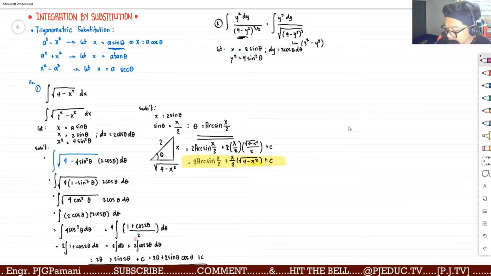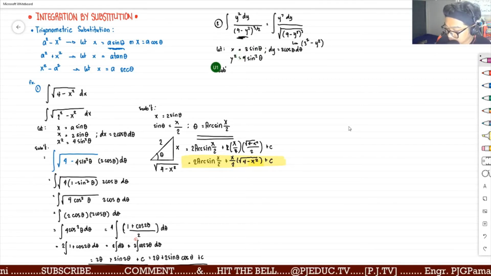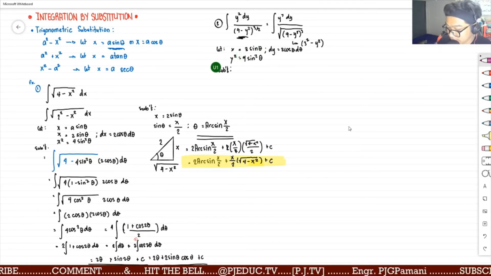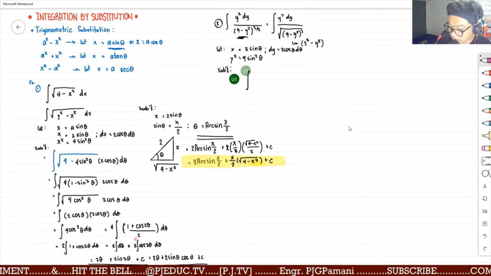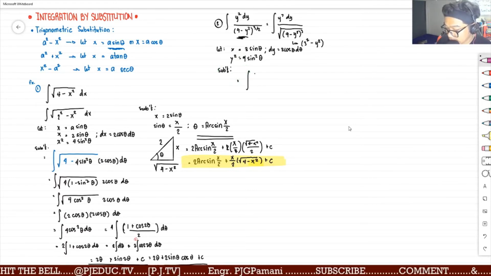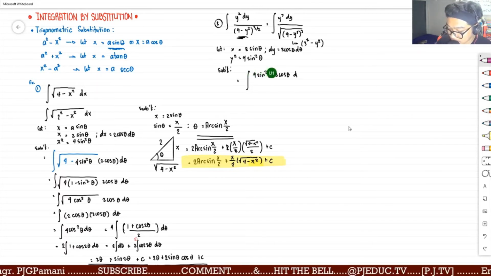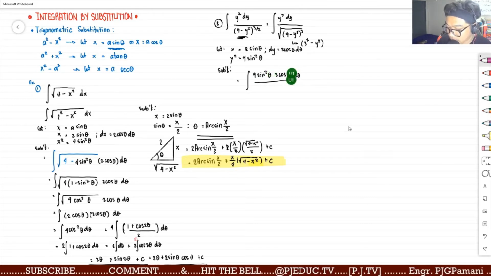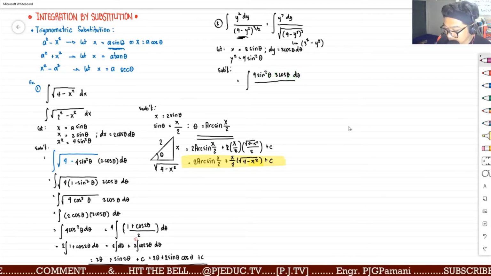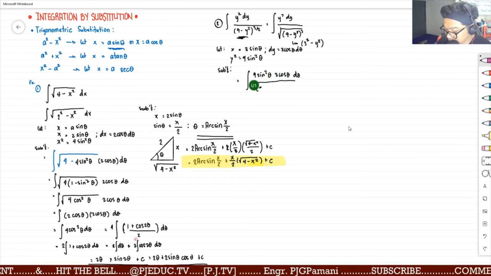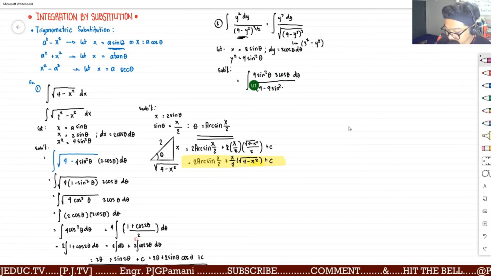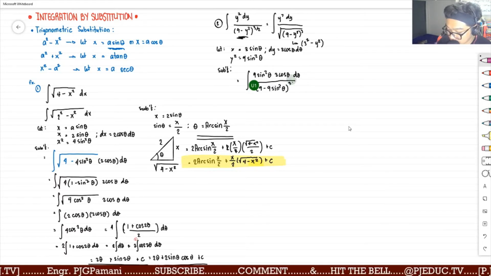Let's substitute that into our integrand. By substitution, y squared is 9 sine squared theta, dy is 3 cosine theta d theta, all over 9 minus y squared, 9 sine squared theta, raised to 3 halves.